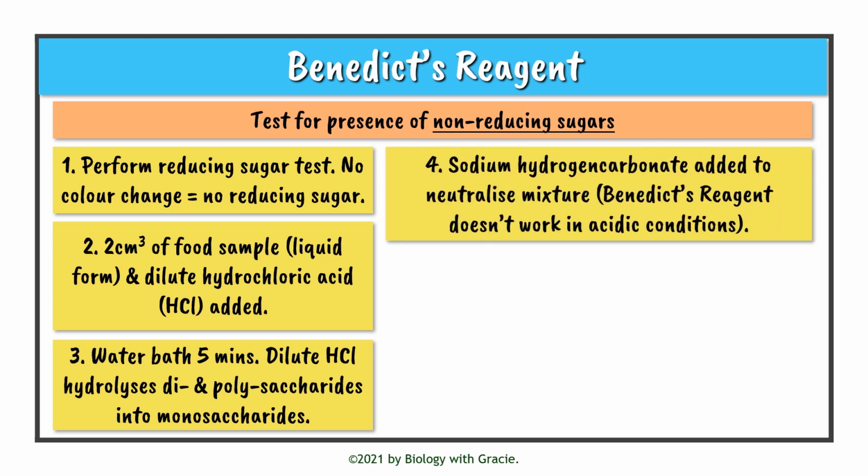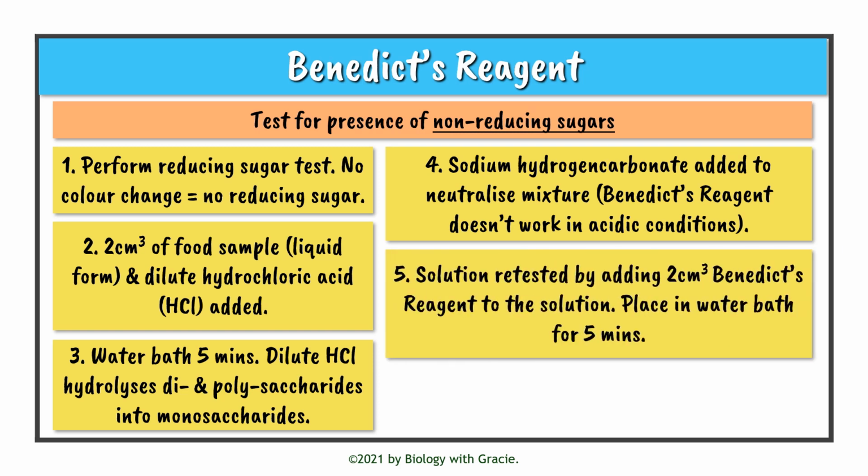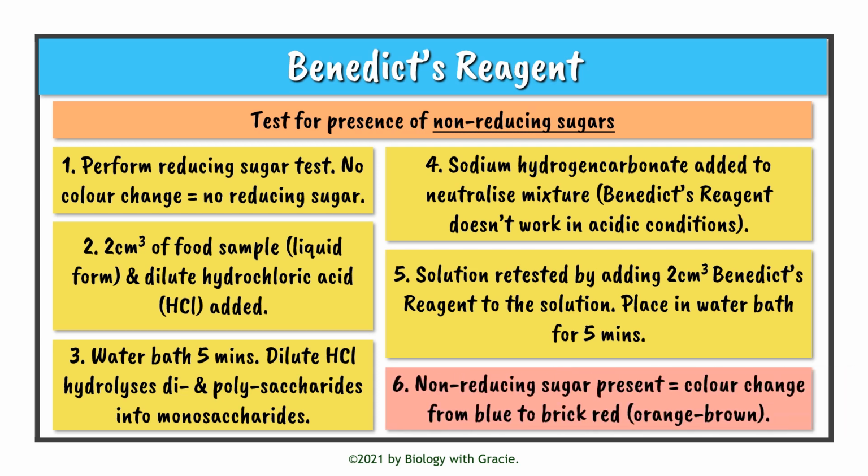Then sodium hydrogen carbonate is added, and this is to neutralize the mixture, because Benedict's reagent actually doesn't work in acidic conditions. You're going to retest the solution by adding your 2 centimeters cubed of Benedict's reagent and place it in the water bath for another 5 minutes. And then if a non-reducing sugar is present, there's going to be a colour change from blue to that brick red orange brown colour once again.